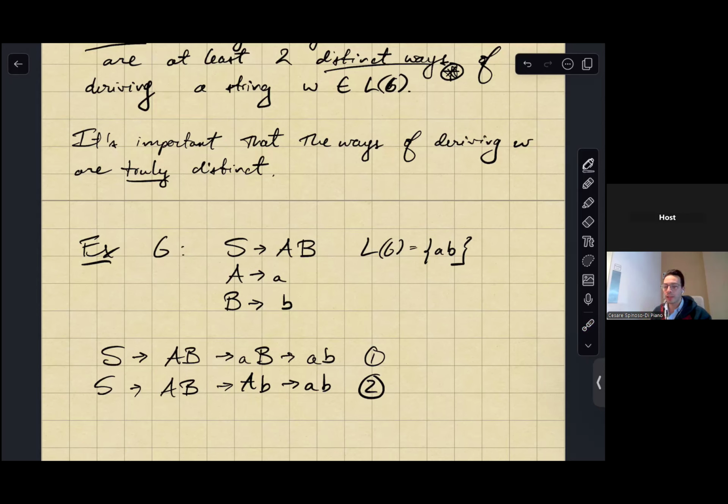The more convincing thing is, if you consider the parse tree of this grammar G for the string AB, then the parse tree for both of these derivations actually looks the same, right?